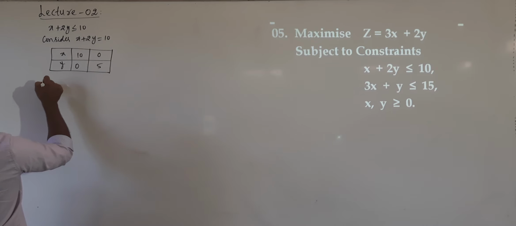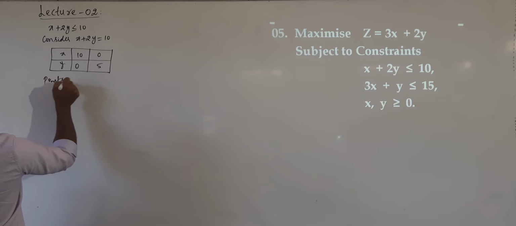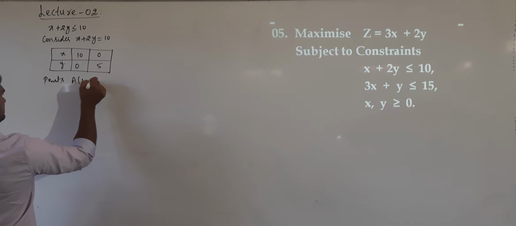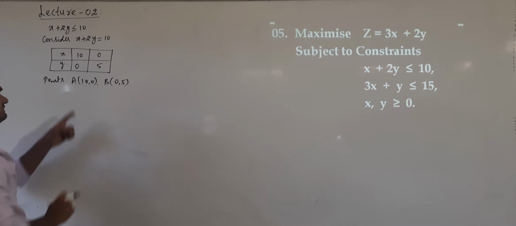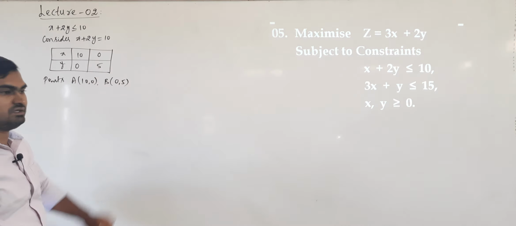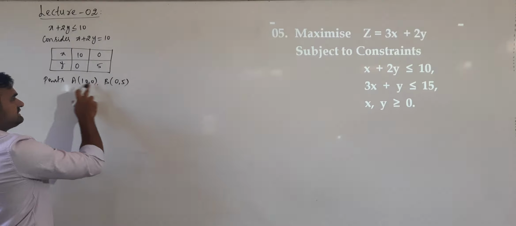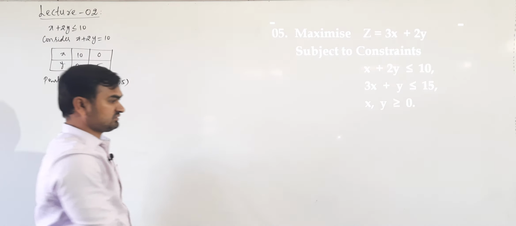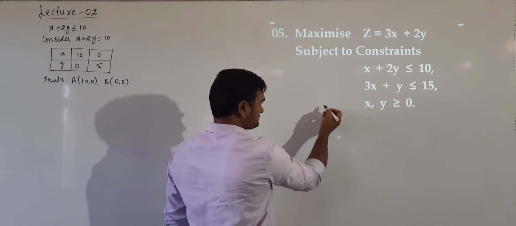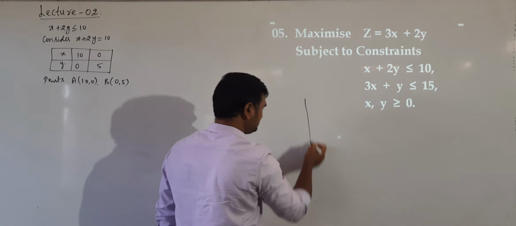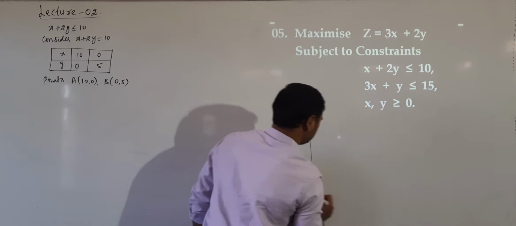So the points are 10 comma 0 and 0 comma 5. First we write the x value, then the y value. So let us draw this inequality. First draw the line, then shade the region below the line or above the line.